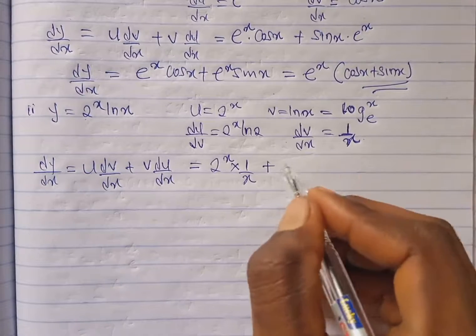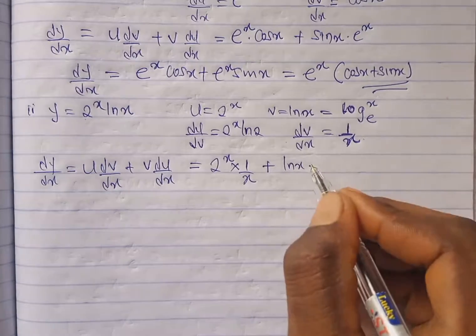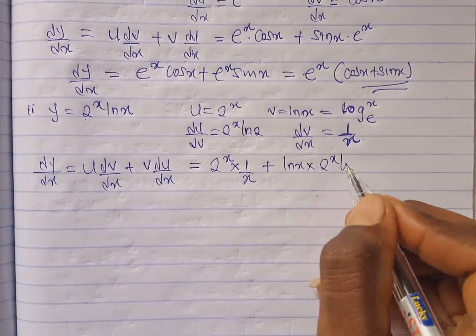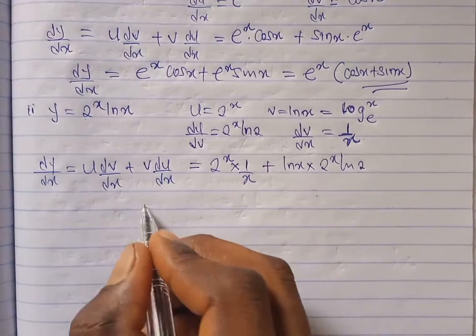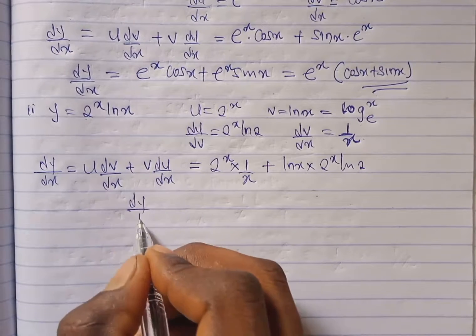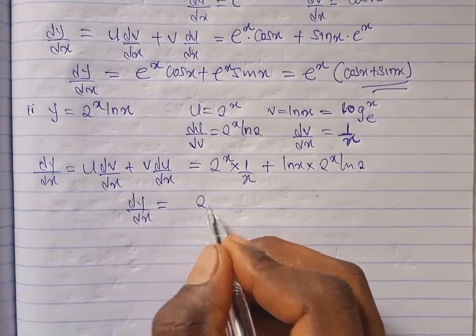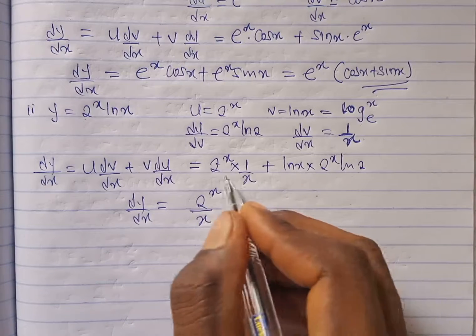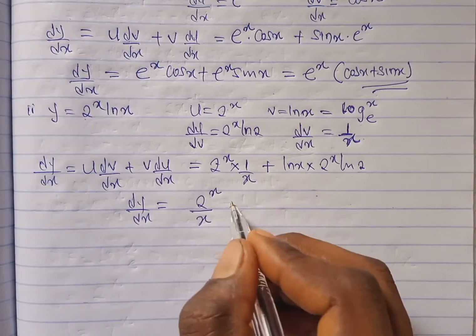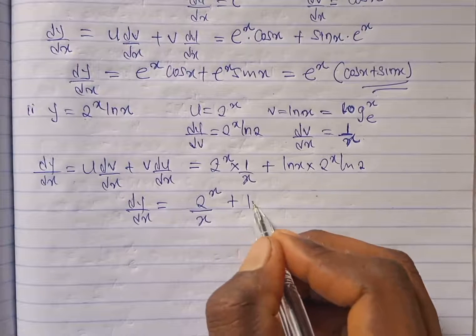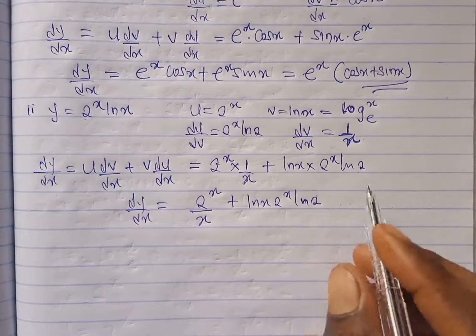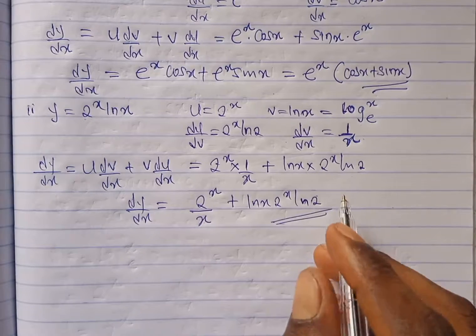Your v is ln x, multiplied by your du/dx, which is 2 raised to the power of x ln 2. So which implies that your dy/dx equals 2 raised to the power of x over x, then plus ln x times 2 raised to the power of x ln 2. So that is your answer.